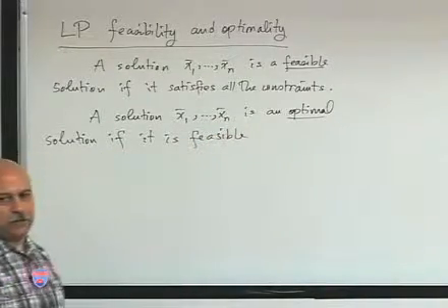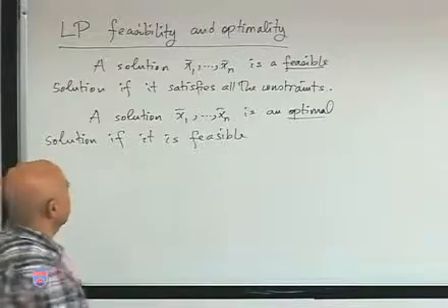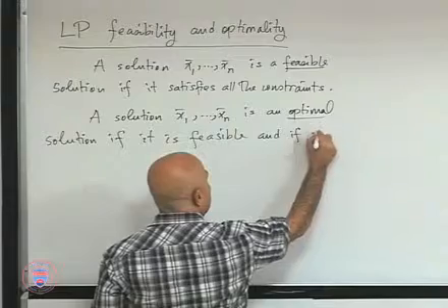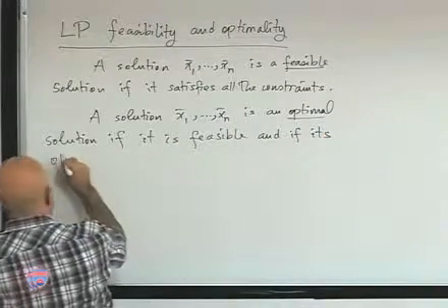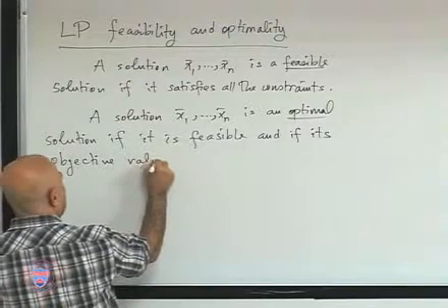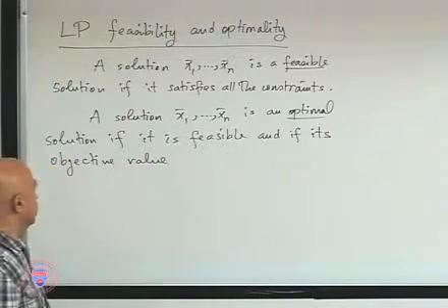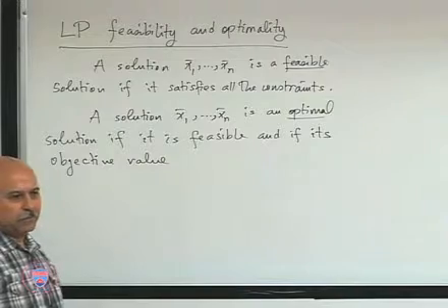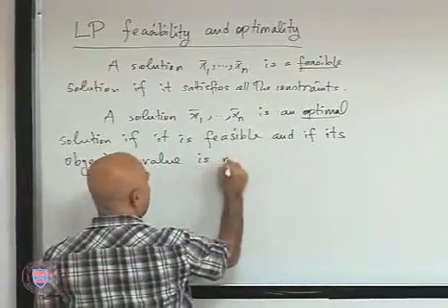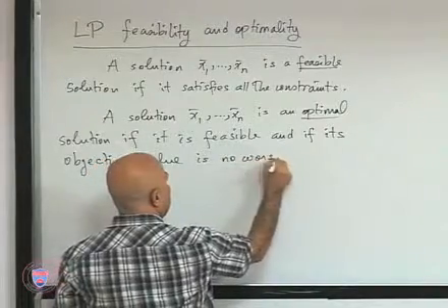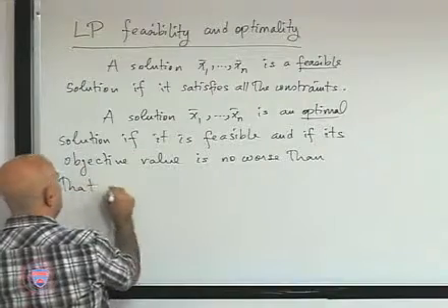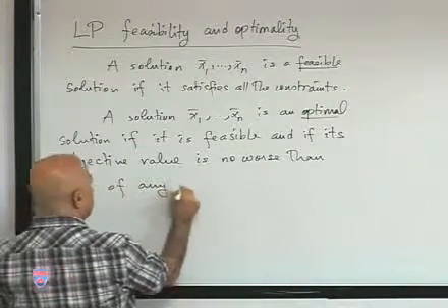So you have to first of all have feasibility on hand, and if its objective function value, which I usually abbreviate to objective value, if its objective value is no worse than that of any other feasible solution.